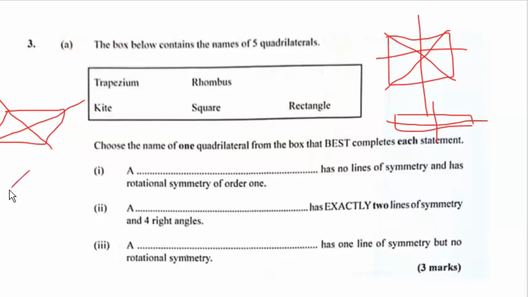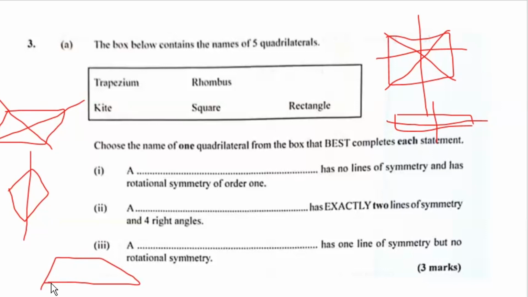And if you remember the kite shape, we can get 1 line of symmetry from this. So the only one that we cannot get any line of symmetry from is our trapezium. When we look at this, there's nowhere on it that we can cut it and get 2 perfect halves that can fold over.